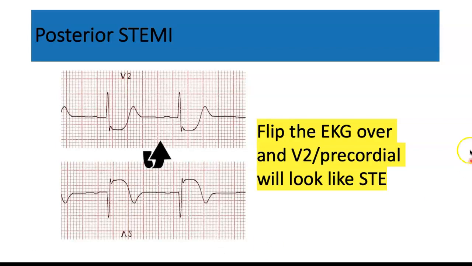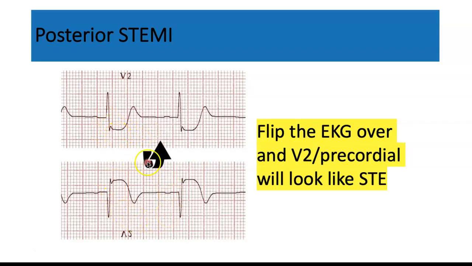You can also do a little trick where you flip the EKG over and the V2 precordial lead will appear to look like ST segment elevation with a Q wave. So again, in lead V2, you have a prominent R wave with ST segment depression, often horizontal, but it can be downsloping.